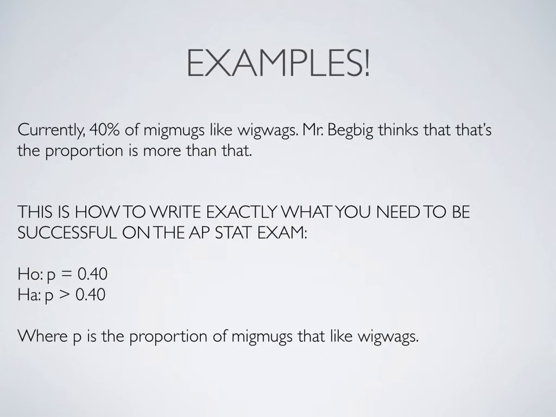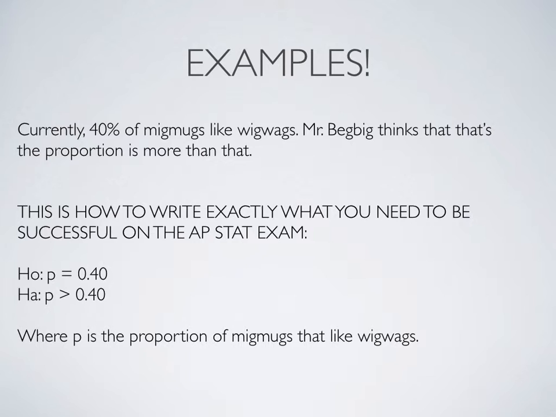I promise you. So, examples. Currently, 40% of MIGMUGs like wigwags. Mr. Begbig thinks that the proportion is more than that. So this is exactly how I want you to write it on the AP Stat exam.